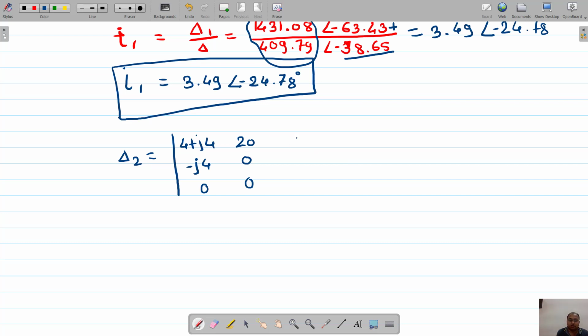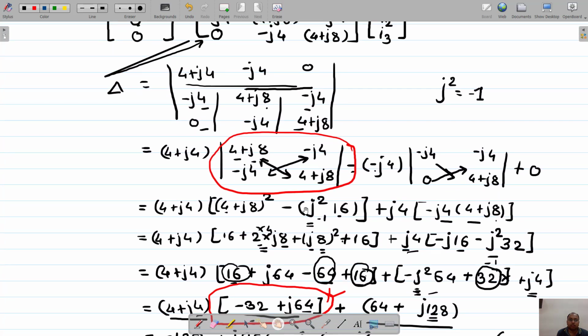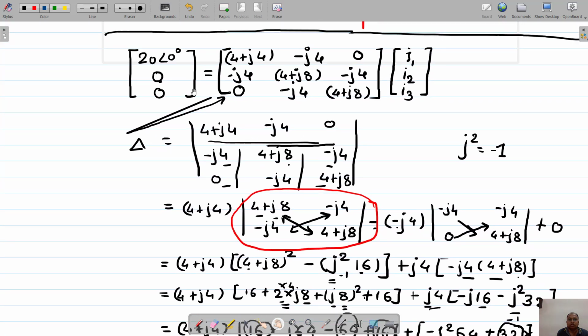Okay, the I3 value for the first equation was 0. It had minus j4 and this had 4 plus j8. Am I right? Let us cross check the values. 4 plus j4, minus j4, 0, and this is going to be replaced by the constant values, that is nothing but this 20, angle 0, we are not going to write it.